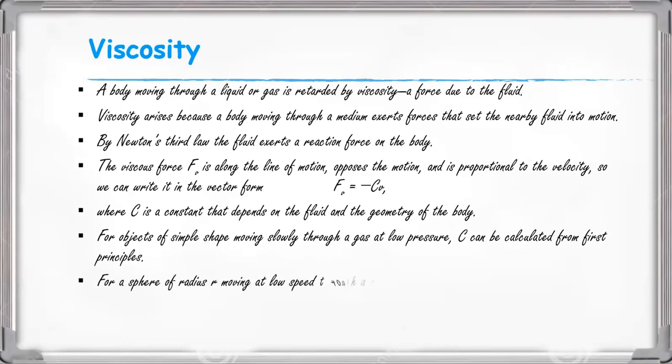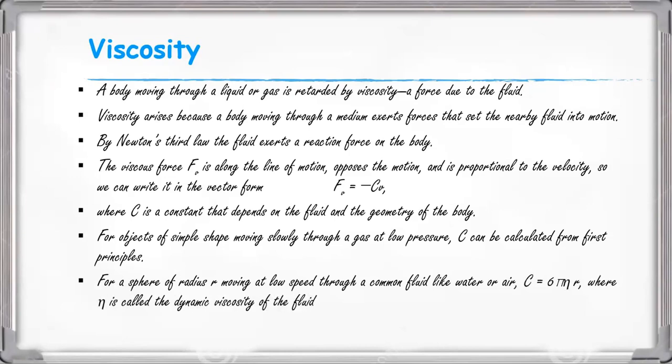In the case of a sphere of radius r moving at low speed through a common fluid like water or air, C is given by 6 pi eta r, where eta is called the dynamic viscosity of the fluid, or the coefficient of viscosity of the fluid. Then the force F is equal to 6 pi eta r v.